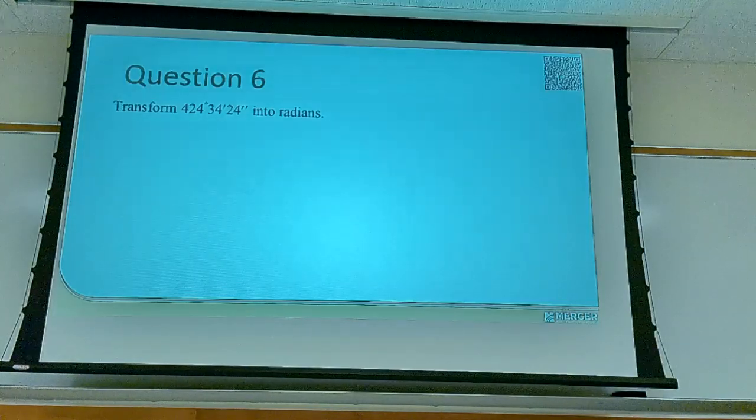This notation is known as DMS notation, or degree, minute, second notation. We already know what a degree is, so we don't need to worry about that.